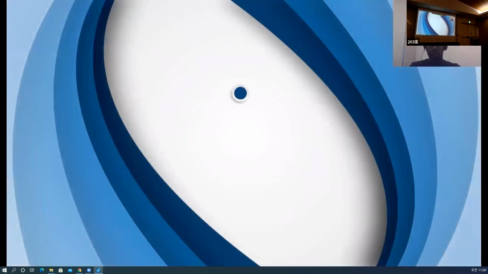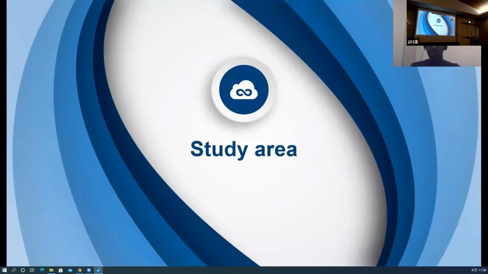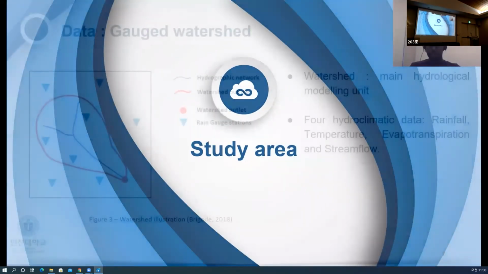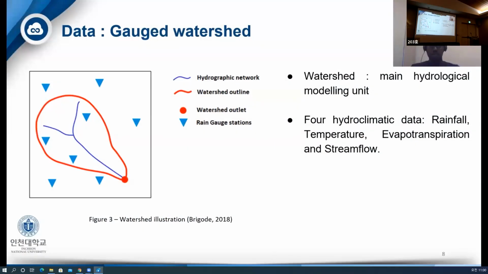So now let's talk about the study area and present all the data. The watershed is the main unit for hydrological modeling. Therefore, climatic data are needed at the watershed level in order to infer hydrological behavior on a catchment level. Conceptual hydrological models, or precipitation-runoff models, are built based on observed empirical relationships among different hydrological variables.